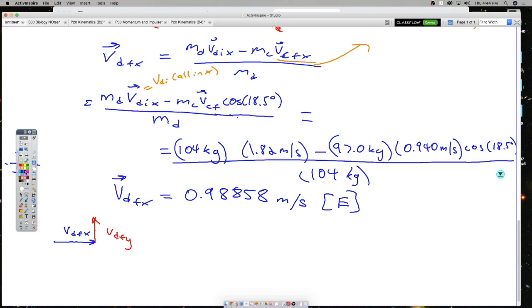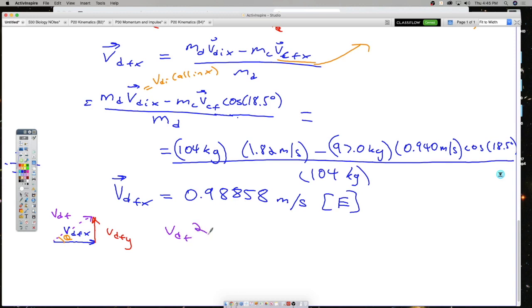So look at that. Look what we got. We have enough information to get the resultant. The hypotenuse of that triangle is just the net vector. So we can get VDF. Okay? Don't forget it's a velocity, so it needs a direction too. In this case, that will be an angle. So, Pythagorean theorem.